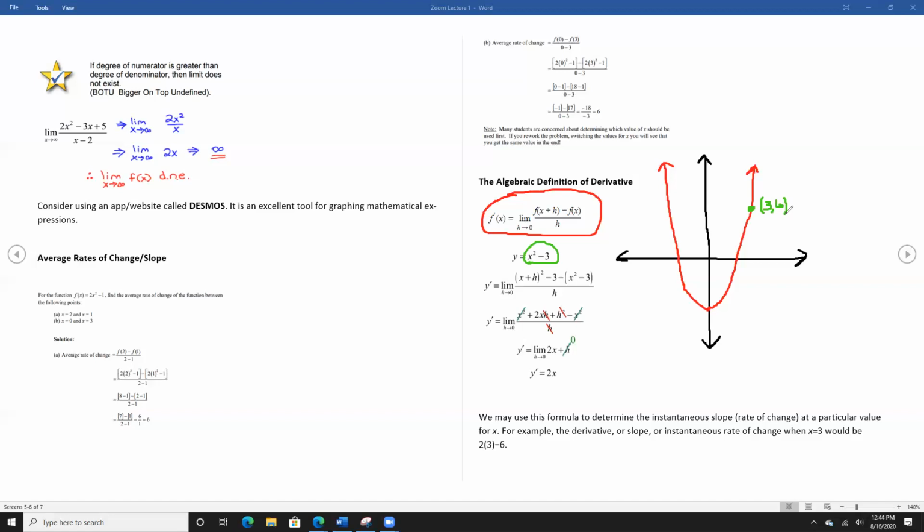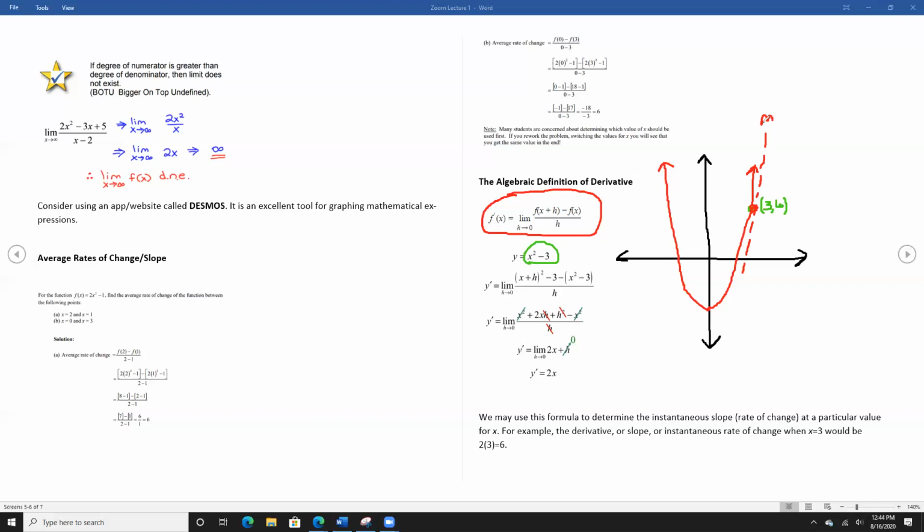The question is, what would be the slope of the tangent line to the curve when x is equal to 3? In other words, if I had a straight line coming down that only touched this graph when x is equal to 3, I'm going to say these touch here. What would be the slope of this line?